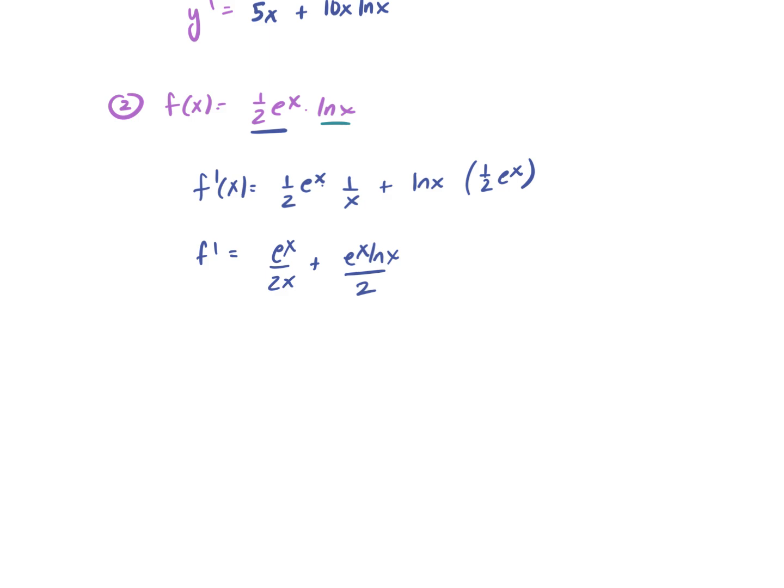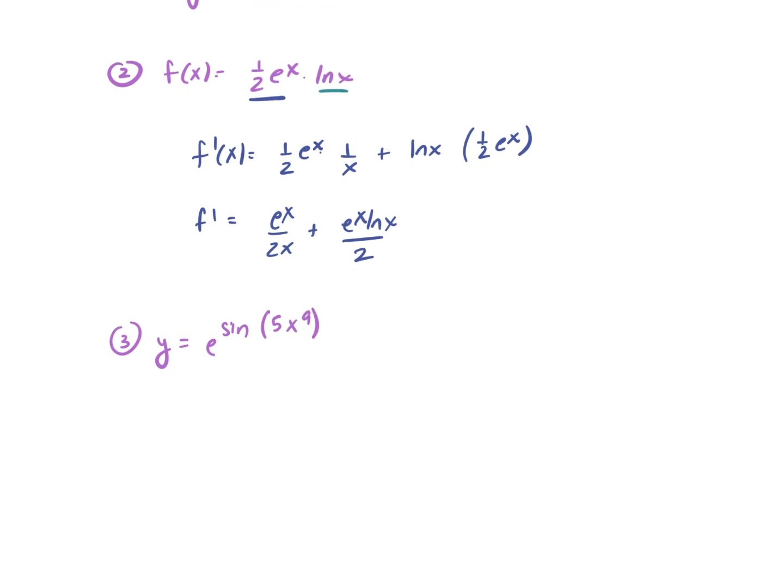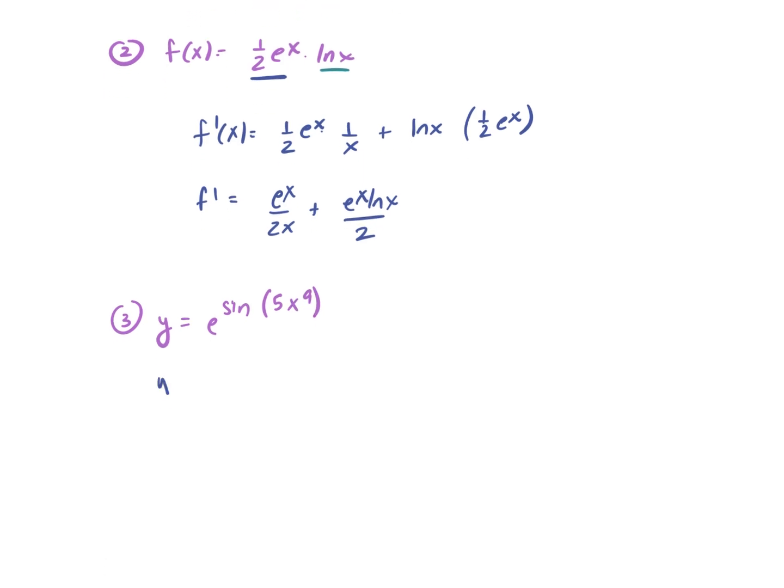For number 3, we have y equals e to the sine of 5x to the 9th power. For e to the x, we rewrite it. So y prime, you get e to the sine of 5x to the 9th power, then you multiply it by the derivative of the exponent, which is cosine of the angle, so 5x to the 9th.